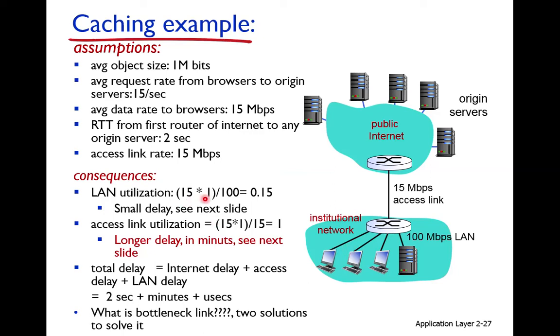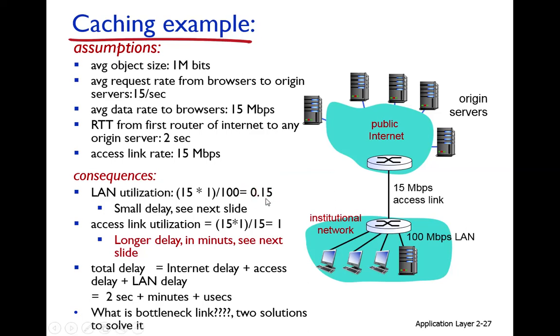So 15 into 1. This ComSat local area network has a bandwidth of 100 Mbps. So 15 into 1, for example 15 bits, divided by 100, so it is 0.15 LAN utilization.